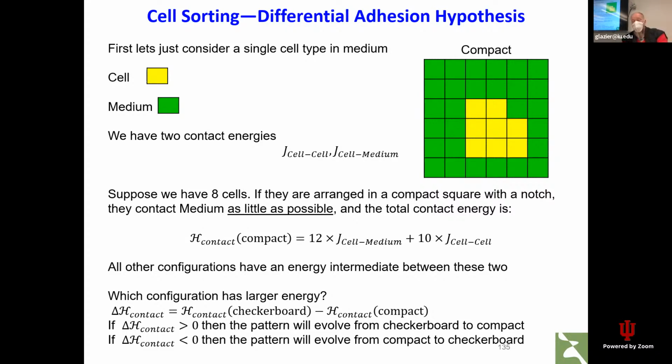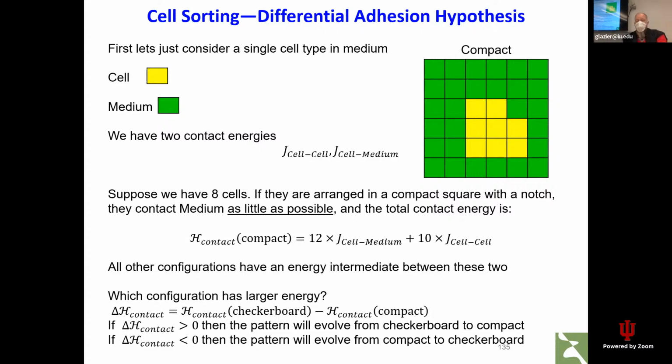So it's minus 20 J cell medium, the change, plus 10 J cell cell. Remember before we had the factor of 2 for cell medium versus cell cell? Here, in the rearrangement, we lose 20 units of cell medium and we gain 10 units of cell cell. That's exactly that factor of 2 we were talking about before.